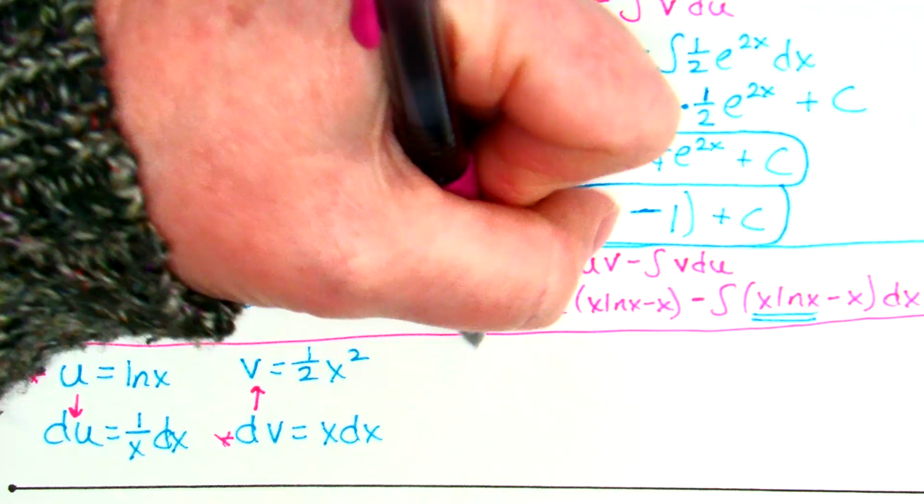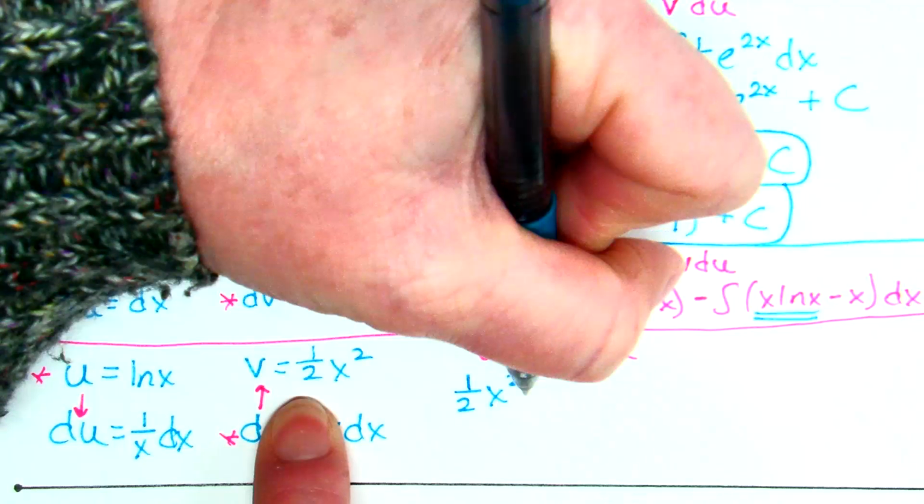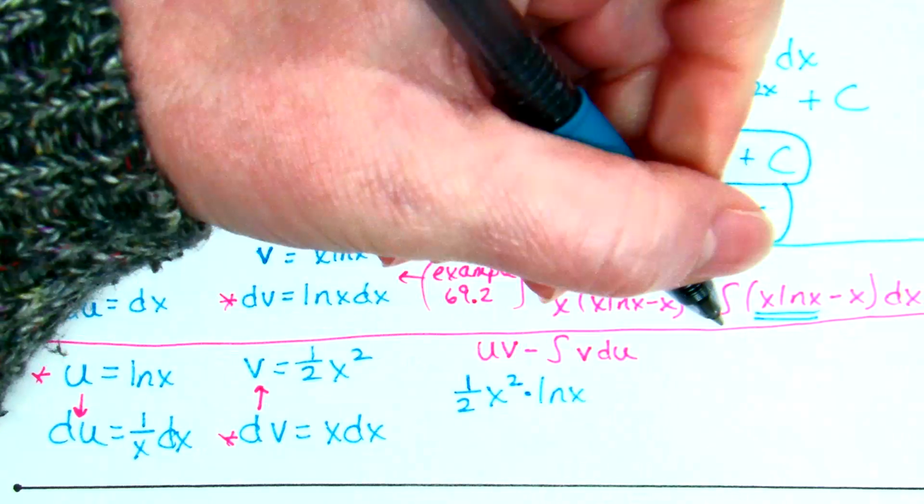Again, you're setting up uv minus the integral of v du. So uv, doesn't really matter what uv is because it all just goes together. 1/2 x squared times natural log of x minus the integral of v du.